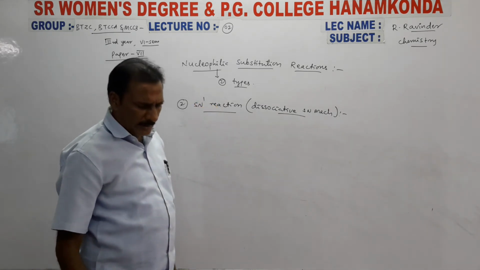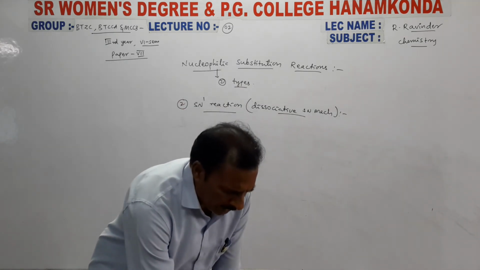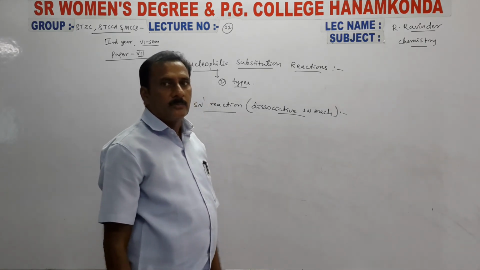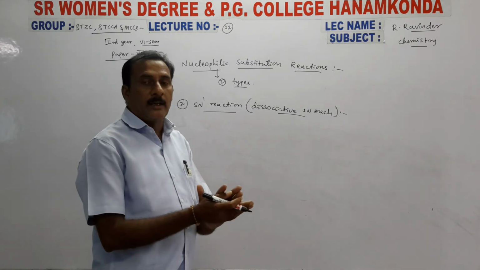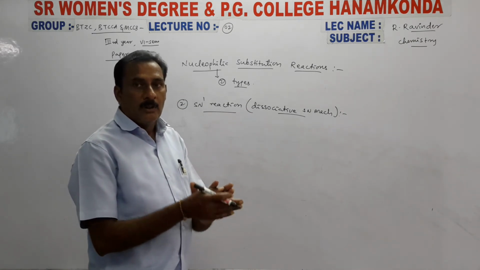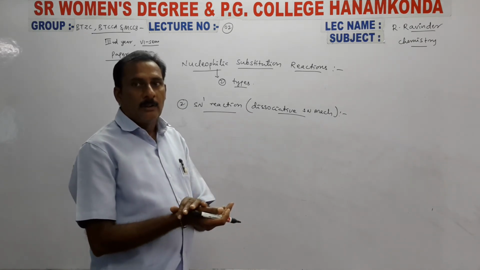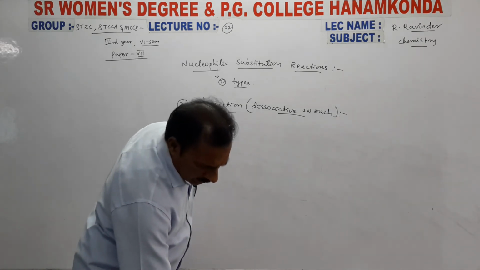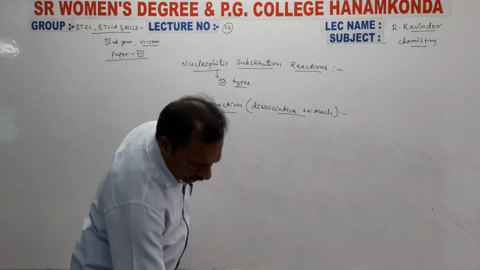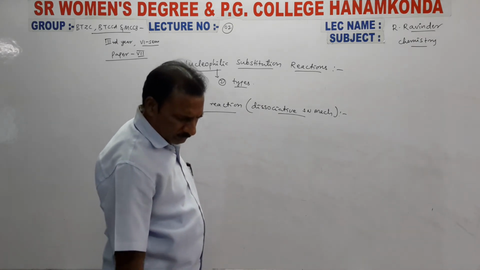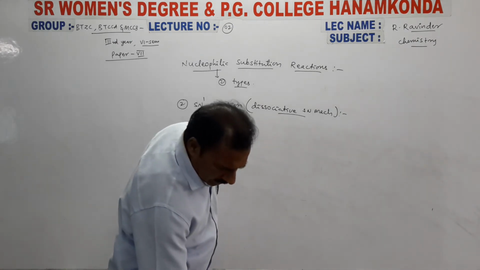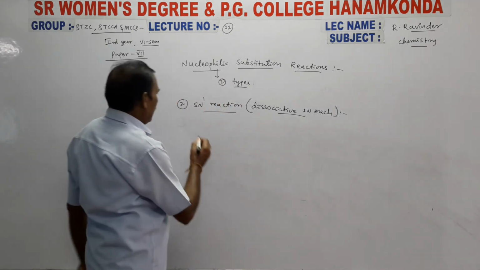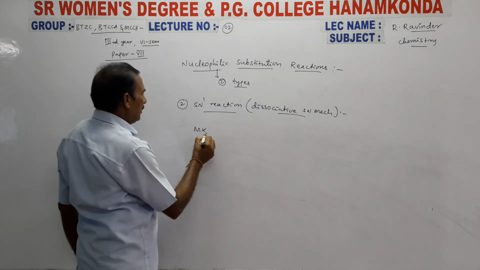In this SN1 reaction, the octahedral complex dissociates in a slow step, whereas association in a slow step is called the SN2 reaction. The octahedral complex dissociates in a slow step to give an intermediate MX5 having a square pyramidal shape. The general reaction is MX6.